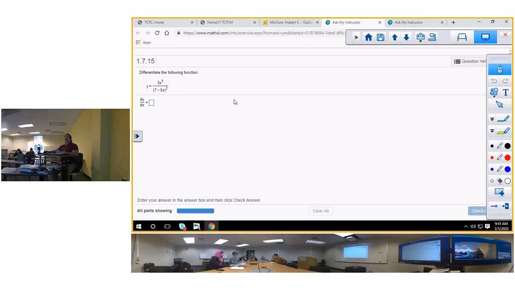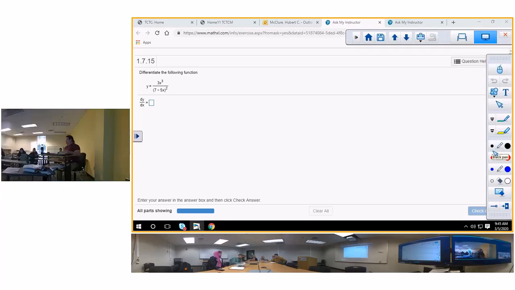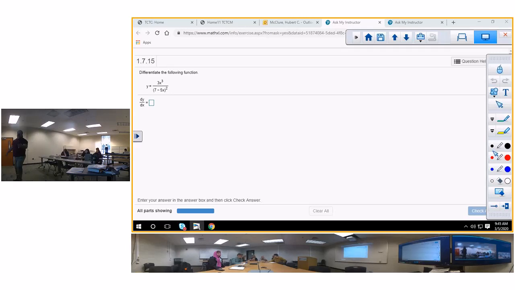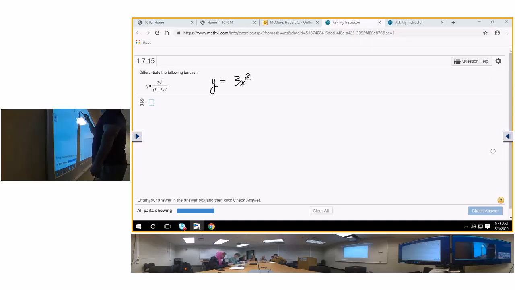And this is the quotient rule. Now, could you use the product rule here? Yes. You could bring that (7 minus 5x) to the second power up to the top if you wanted to. I don't care. Let's do both. So this could be rewritten, y is equal to 3x squared times (7 minus 5x) to the negative 2.